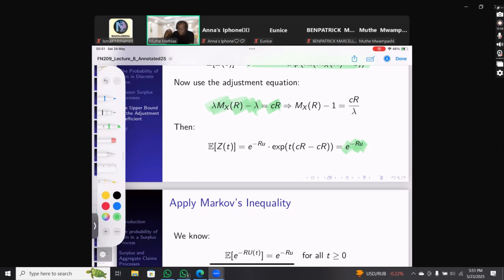So it's like you are going back to that idea before, and if you do that, this is what you're going to remain with, right? This is what you will end up with at the end of the day after that kind of manipulation. Just saying, if I have the adjustment coefficient called R and I substitute it back into the expression we had before, what am I going to end up with? Of course, I'm not going to end up with T, because we don't want this process to explode at the end of the day. So we're going to end up with something like that one, right?